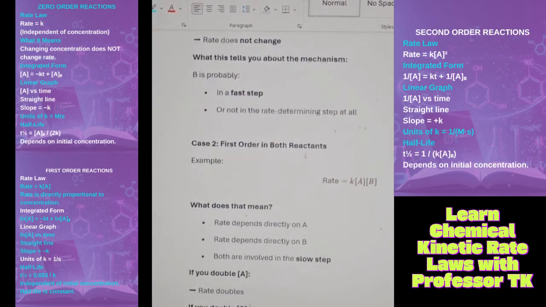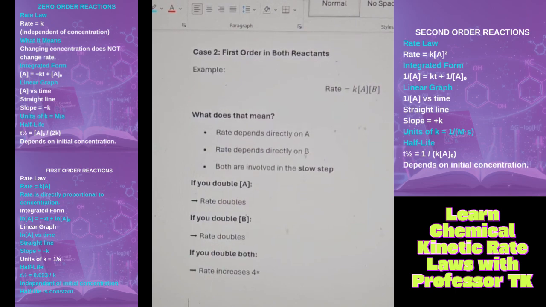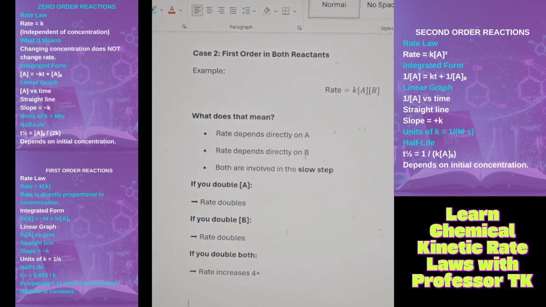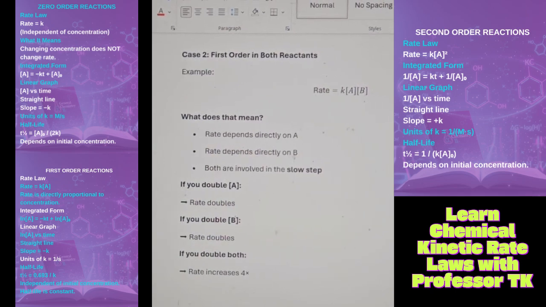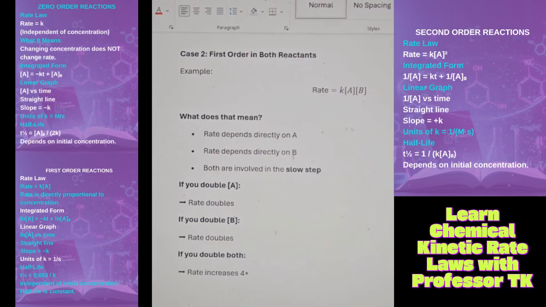Now, when we mentioned first order, and how I said the 1 is understood, check this part out right here. You see how A doesn't have an exponent, nor does B? This illustrates that rate depends directly on A and B, and they're both involved in the slow step.